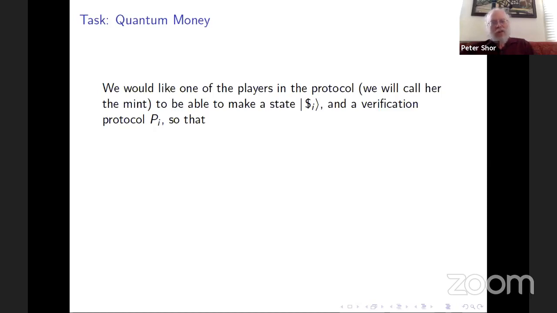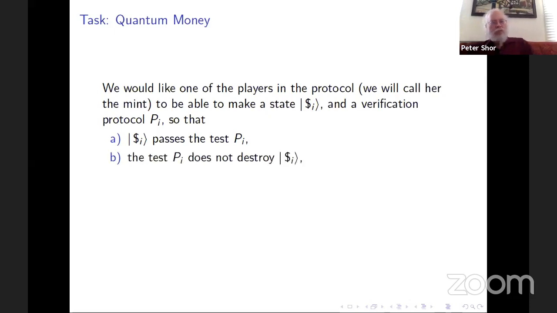These quantum states have serial numbers on them, so that first, if you apply the procedure to the quantum state, it says yes, almost certainly; we can allow for an exponentially small chance of failure. Second, the test P sub I does not destroy the quantum state, again allowing an exponentially small chance of failure.